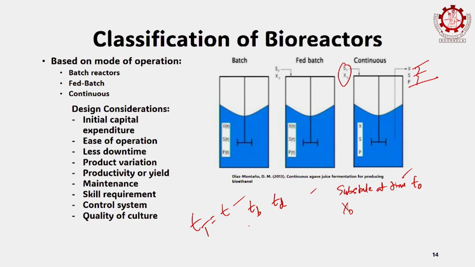Like if you're running your reactor every day for 365 days of the year with a specific downtime in between, your productivity will depend on how many times you have ran it, how much of the downtime you have had in between, because that will define your total time. So total time is batch time plus TD, simple. So how, if I tell you like you are able to run 2 batches a day, if you're running your system for 365 days, how many batches did you run? 365 into 2.